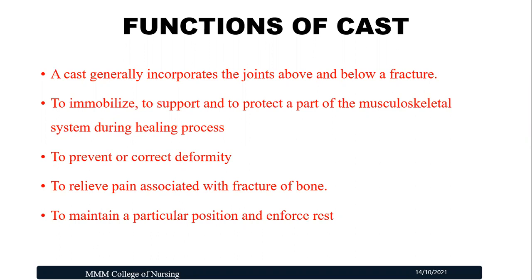This cast also can be used to prevent or correct any deformity of the musculoskeletal system. And it can be used to relieve pain associated with the fracture of bone by immobilizing the part of the body. And it maintains a particular position and enforces rest to the part of the body. These are the different functions of the cast.